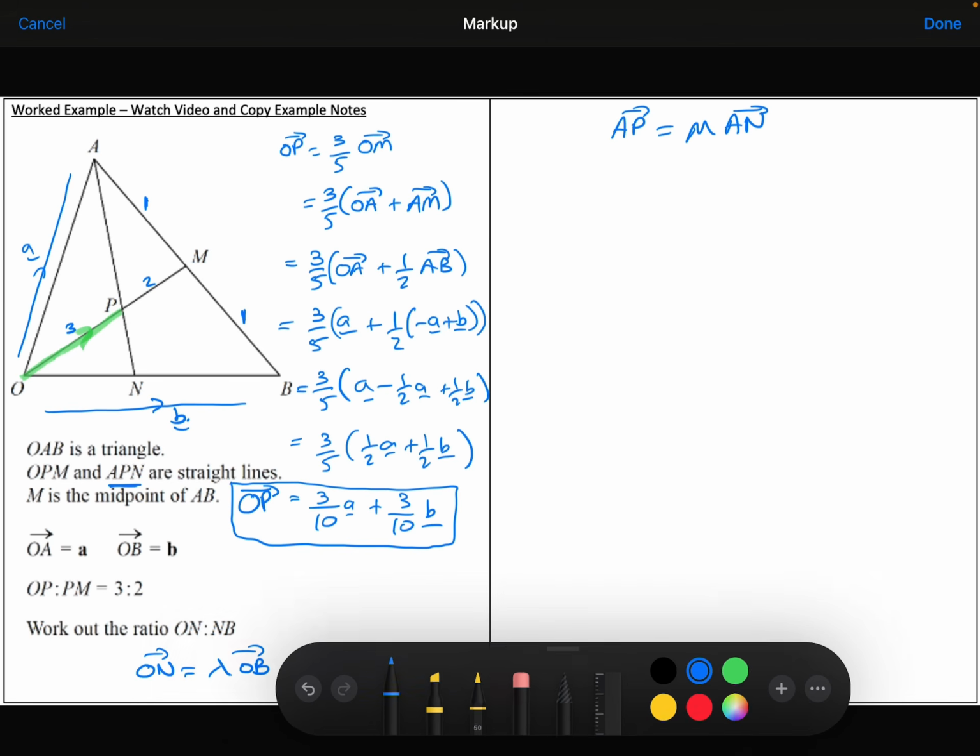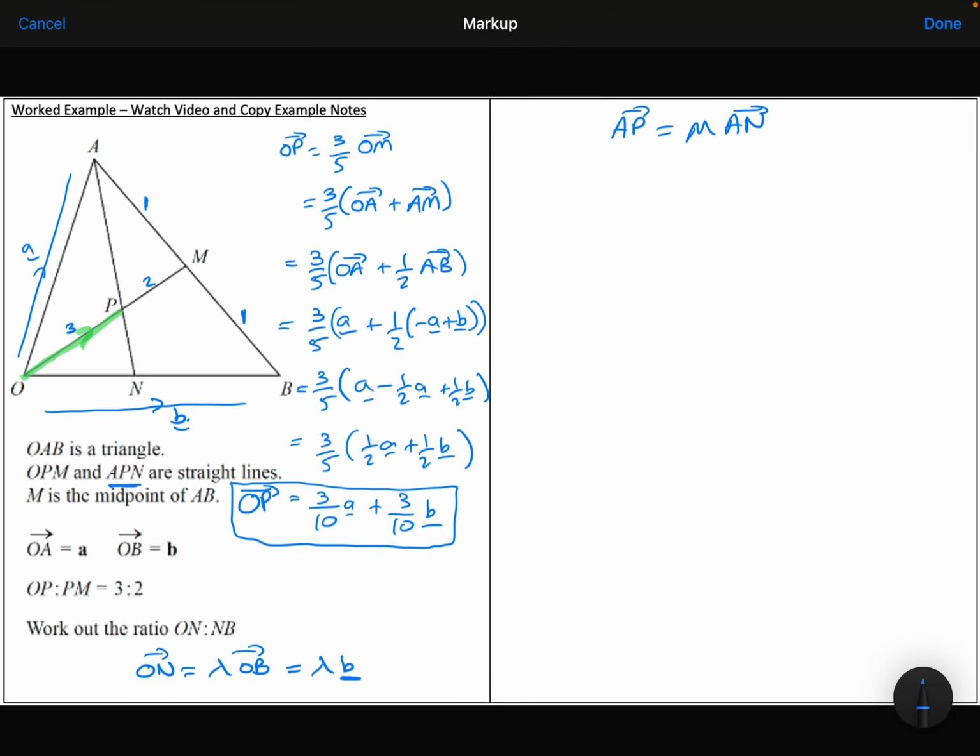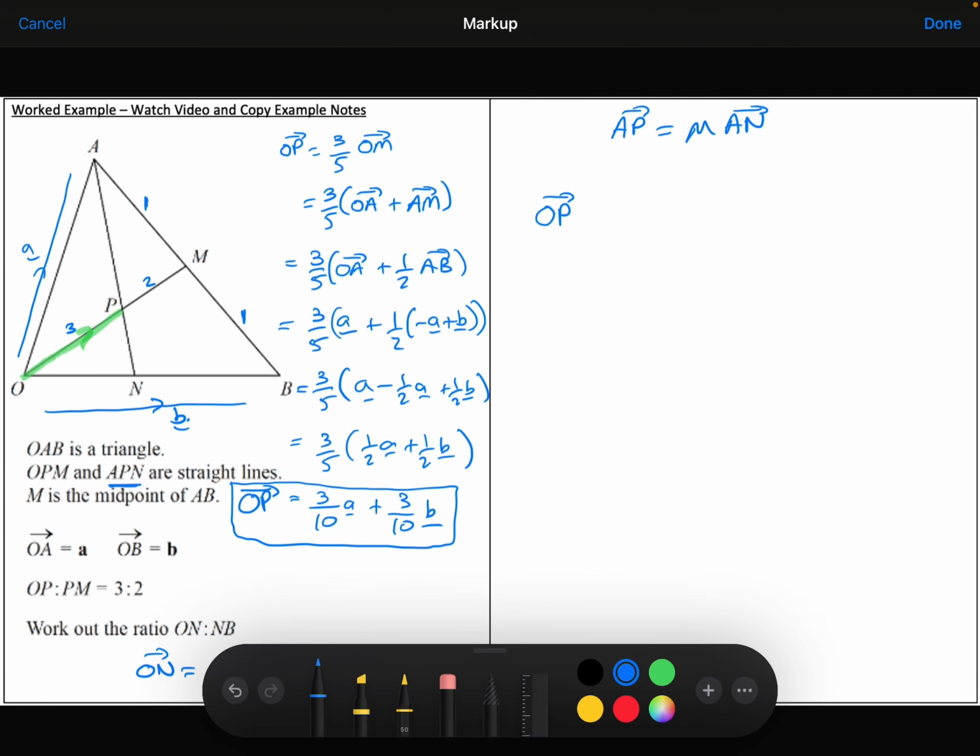Let me now consider OP in a different route. The route I'm going to take this time, I'll go O to P. O to P is equal to O to A plus A to P. Here to here, and then there to there.